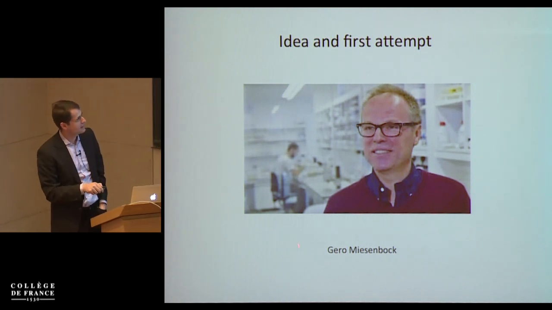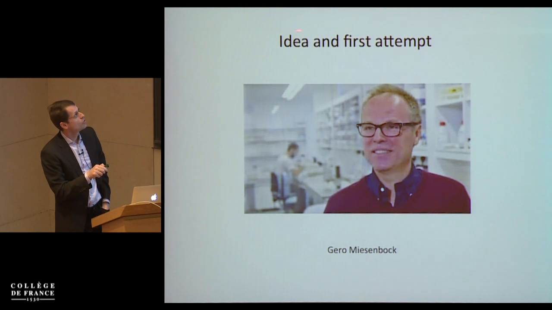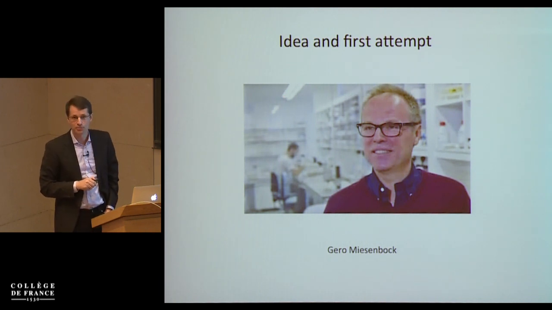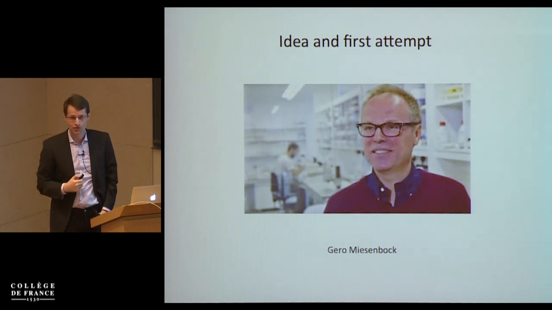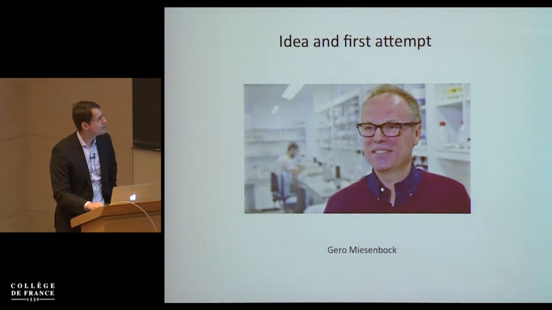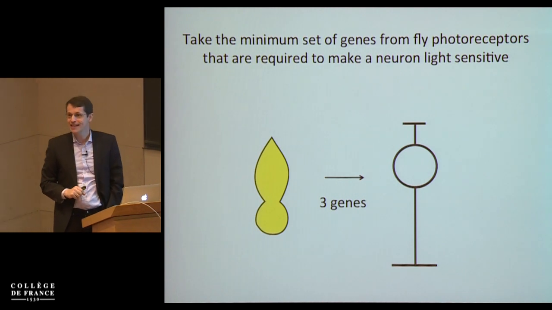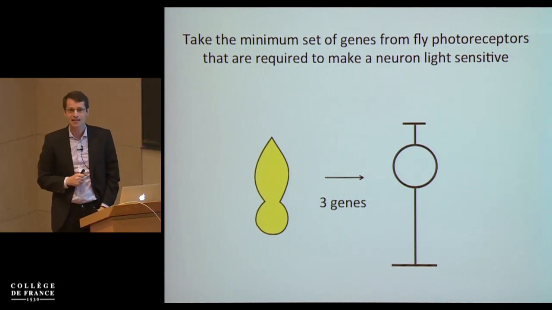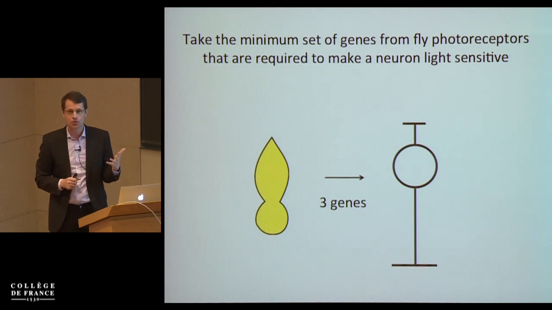So I will go through a little bit of the history of optogenetics. This all started with Gary Miesenböck, who really had the idea of optogenetics and created the first attempt to use it. What he thought was really what I just showed you at the beginning: if photoreceptors can be remotely controlled, all I want to do is create a photoreceptor from a neuron.